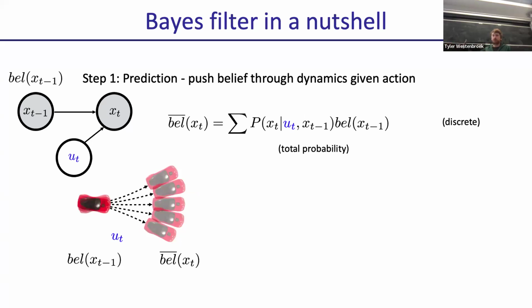So I'm effectively taking my previous distribution and shoving it through my dynamics model. I'm saying, if I had this distribution of states at time t minus 1, after I iterate my dynamics one step forward, where would the distribution of cars be?